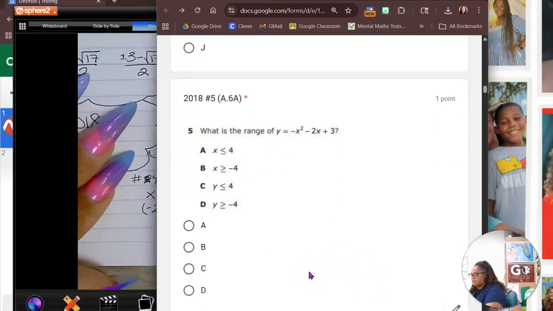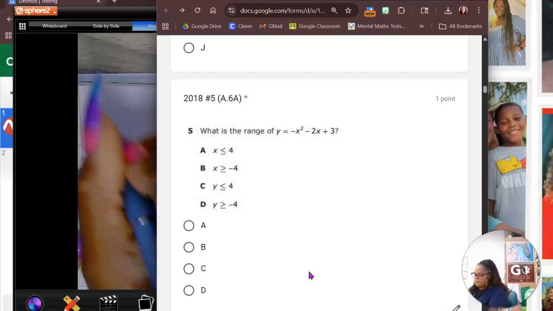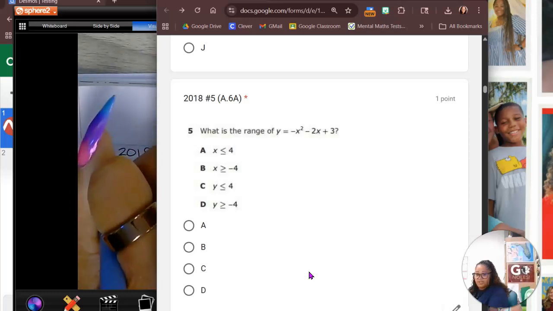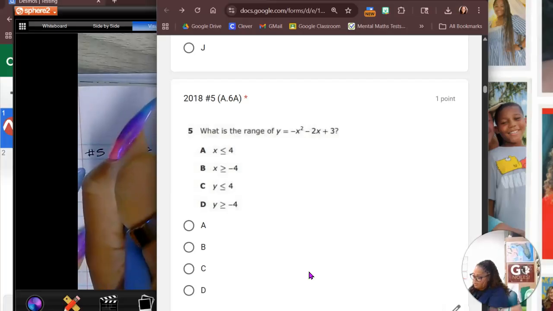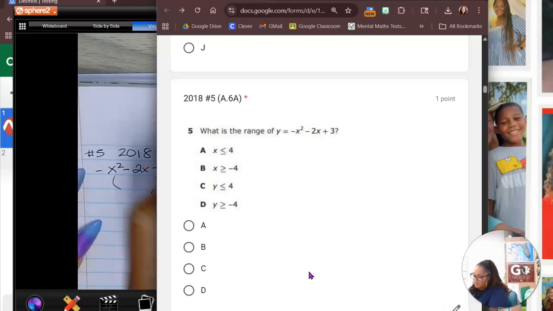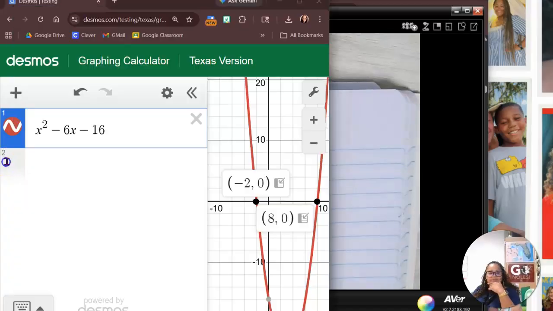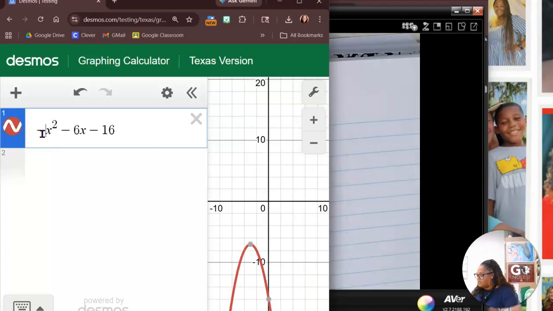The range. Number 5, 2018. The range comes straight from the vertex, so I need my equation, -x squared minus 2x plus 3. And then my range is going to come straight from my y value. So I need to find my y value. It's -x squared minus 2x plus 3.